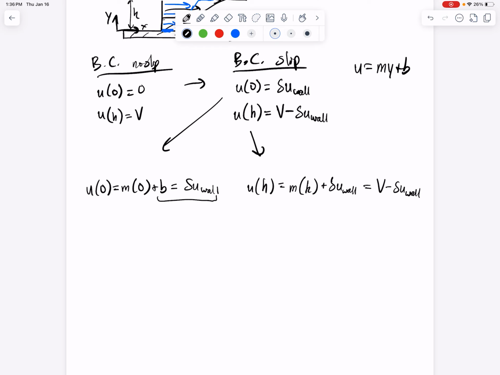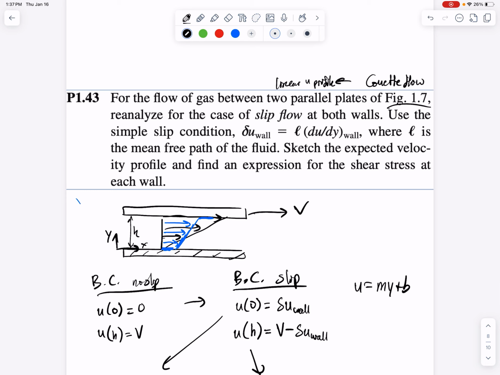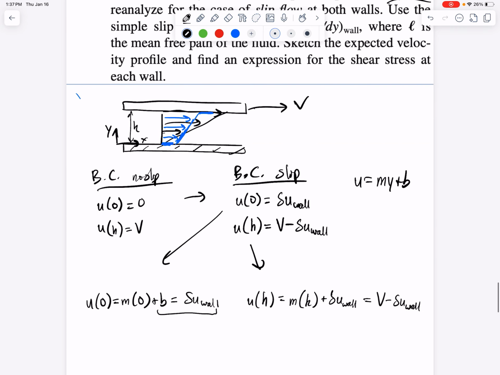I'm going to look at this delta U term. We're given that delta U, the slip flow, is equal to the mean free path of the fluid, L, multiplied by du/dy at the wall, to be more specific. du/dy, that's just our slope here.